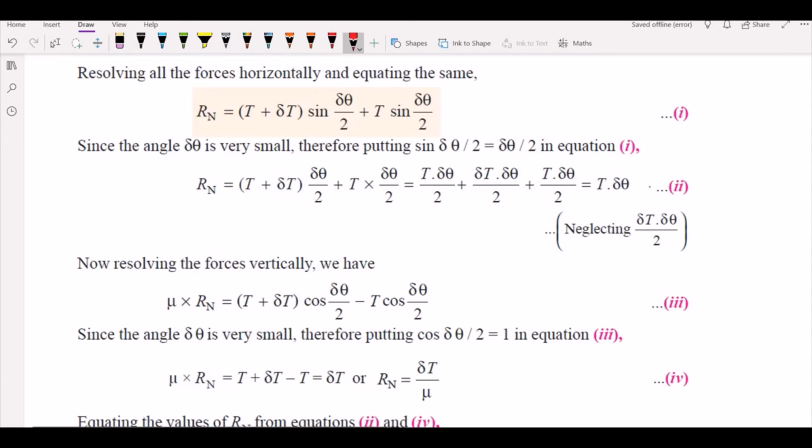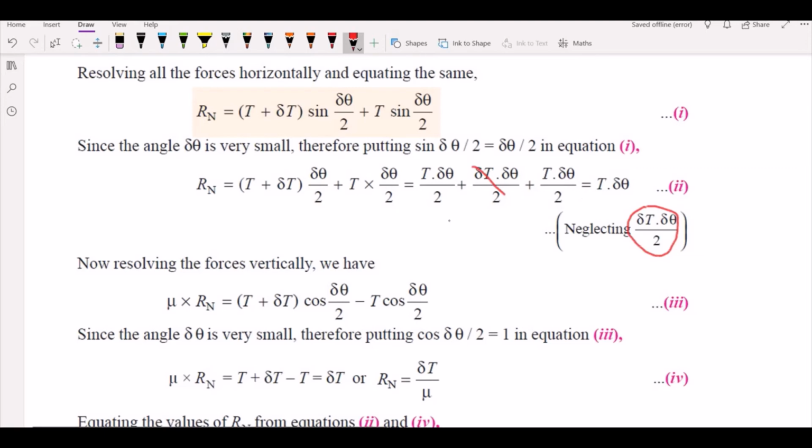By substitution, I get T into del theta by 2 plus del T into del theta by 2 plus T into del theta by 2. If you equate all, I get it as T into del theta. Take this as equation number 2. Neglect the del T into del theta term, because we already took angle del theta as very small. Finally I got this value as T into del theta. This 2 will be cancelled.